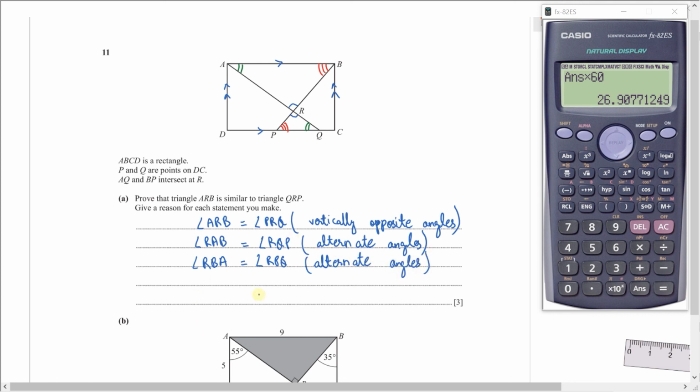So all three angles are equal. So triangle ARB is similar to triangle QRP because all three angles are the same.